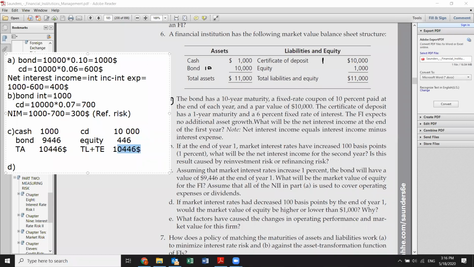So what will happen to our new balance sheet in here? It will be not 9,000, but much bigger than 10,554, if I'm not mistaken. Let me just recheck.